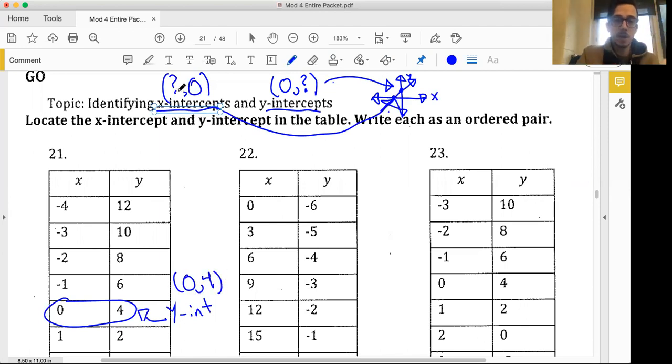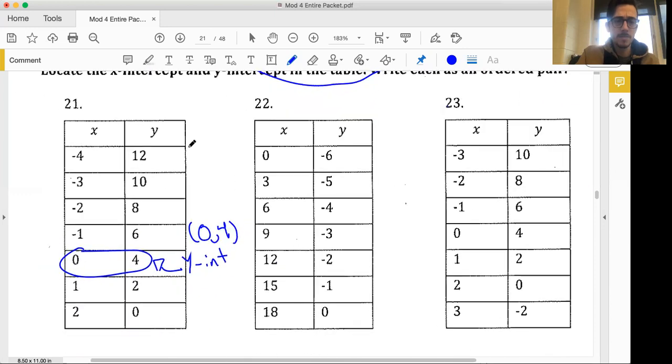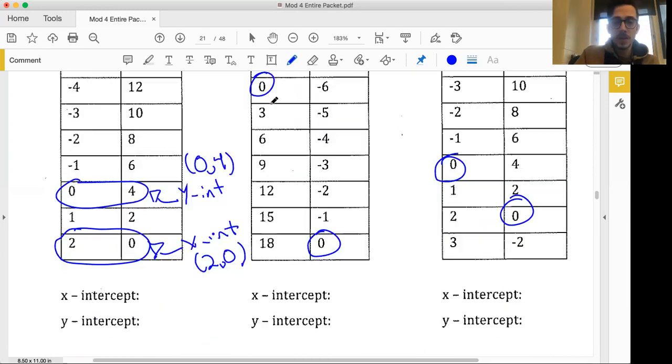Do we have an x-intercept for 21? We do, right here. The x-intercept, in this case, is going to be 2, 0. Again, you're looking for zeros, so look for zeros. I'll just highlight where these are for the next few.